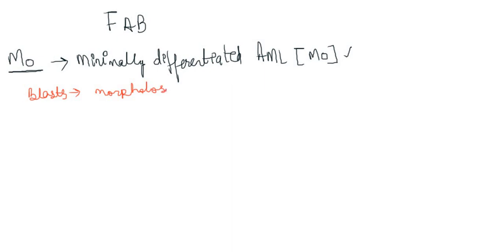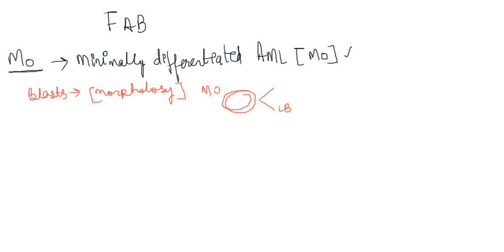So if we have a case of M0 subtype, if we see the blast, then we are not able to differentiate these blasts from the lymphoblast just depending upon their morphology. So this is called minimally differentiated AML. That means that it is minimally differentiated to be able to differentiate it from the case of acute lymphoblastic leukemia.